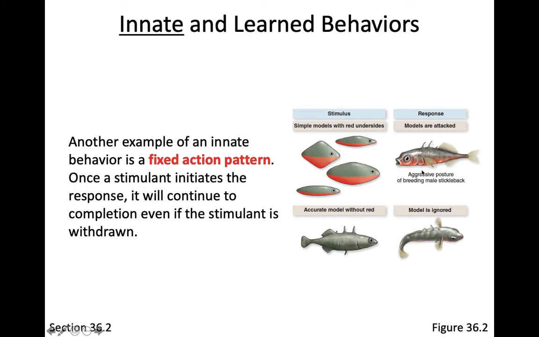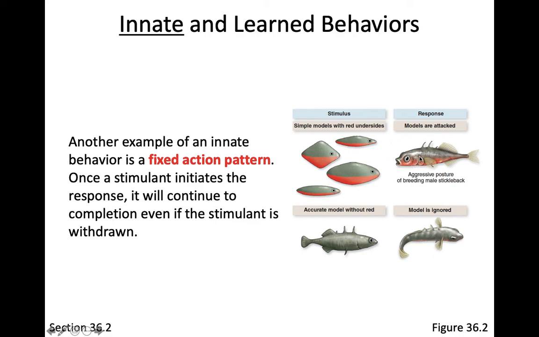And hopefully the one male will drive off the other one to defend his mates. Well, anyway, this is such an innately hardwired behavior in these types of organisms that it doesn't even have to be a fish to trigger it. You can show them a red picture or some sort of fish-shaped thing that has a red stomach on it, and that will trigger these males to go crazy.